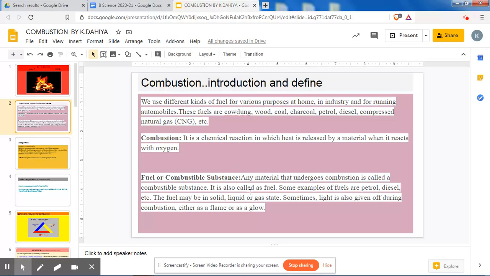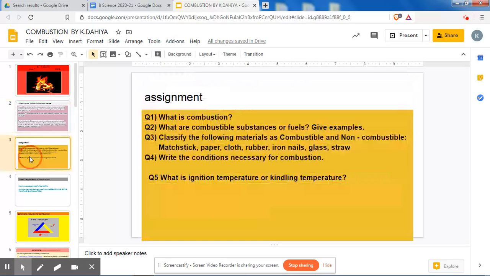And the substances which do not undergo combustion, or which do not burn to produce heat and light, are called non-combustible substances.